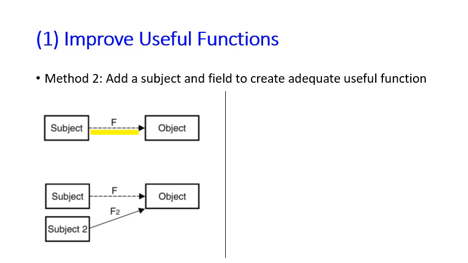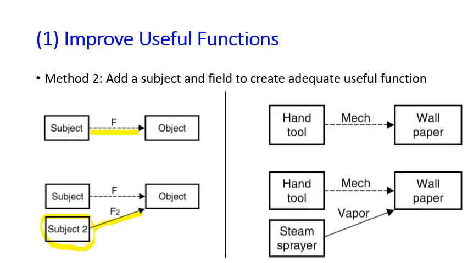So TRIZ suggests that we add another subject that gives another function. Let's see an example. Suppose we are using a hand tool to remove wallpaper from the walls. However, sometimes it is still difficult to remove the wallpaper. So it is suggested here that we use an additional steam sprayer to steam the wallpaper so that you can remove it more easily.